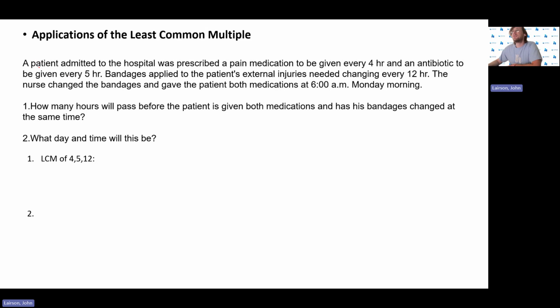Okay, so let's read the question. A patient admitted to the hospital is given pain medication every 4 hours, an antibiotic every 5 hours, and the bandages need changing every 12 hours. The nurse changed the bandages and did all 3 of these things at 6 a.m. on a Monday morning.